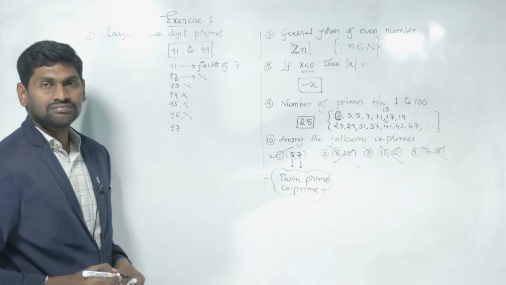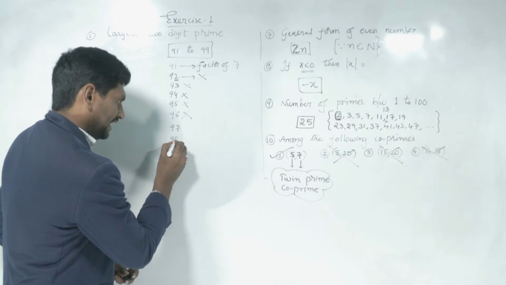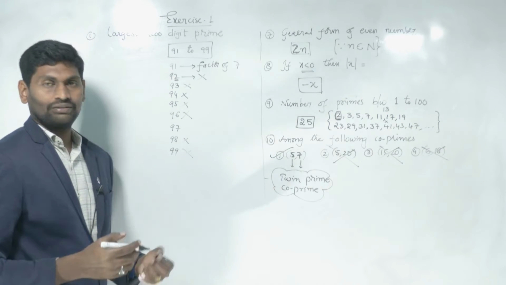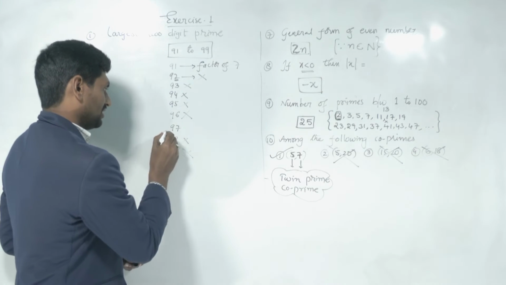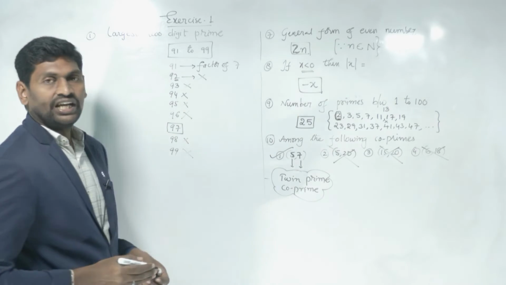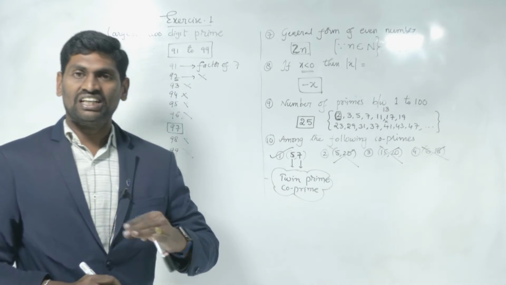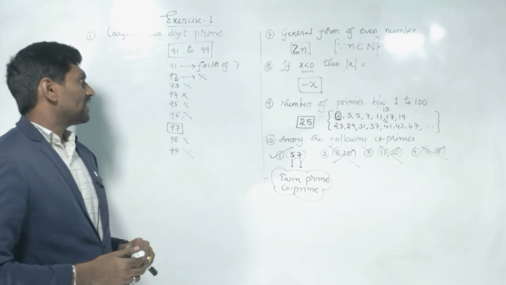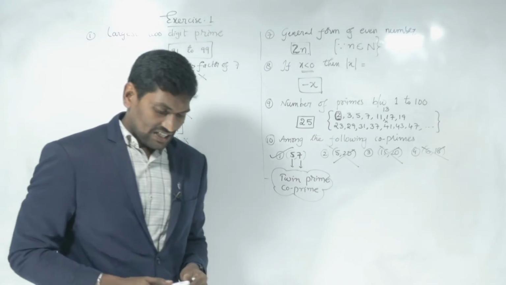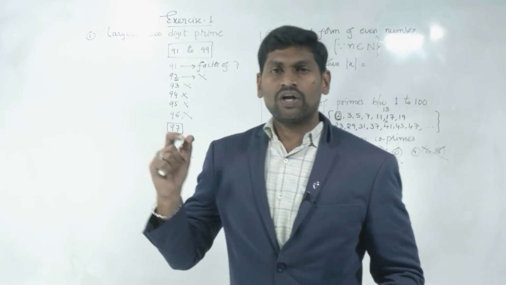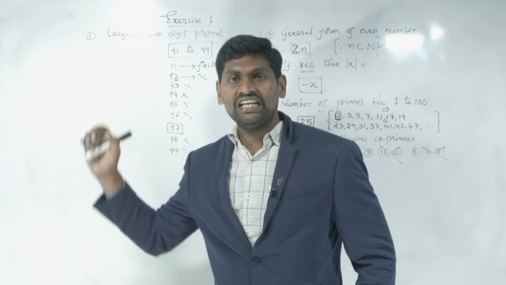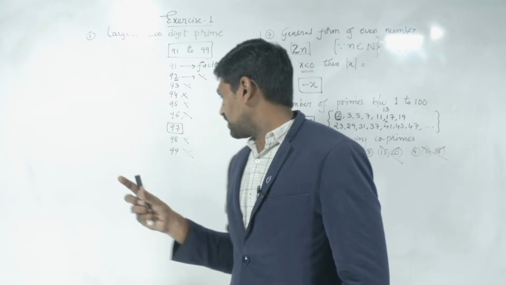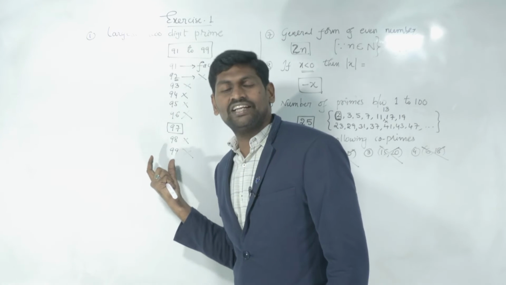97, you check. 98, not a prime. 99, 9 table, 11 table. So what is the chance for us? 97 will not come in any other table except 1 and itself. So what is our answer, children? Yes, 97 is the one and only prime number in the 90s, 91 to 99, because the largest 2-digit number is 99.